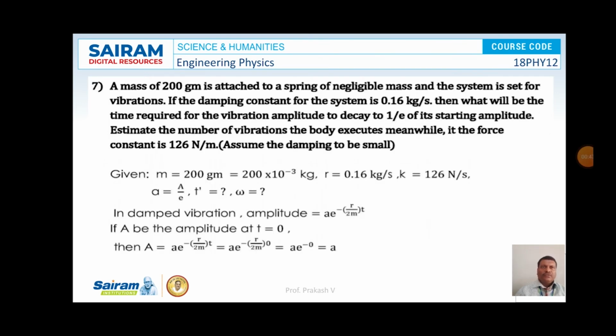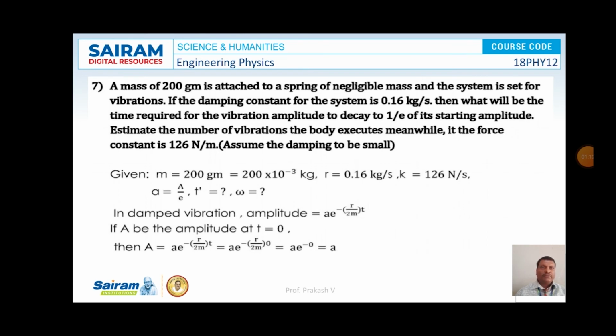A mass of 200 gram is attached to a spring of negligible mass and the system is set for vibrations. If the damping constant for the system is 0.16 kg per second, then what will be the time required for the vibration amplitude to decay to 1 by e times of its starting amplitude?